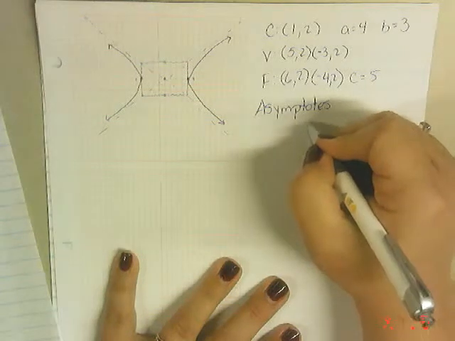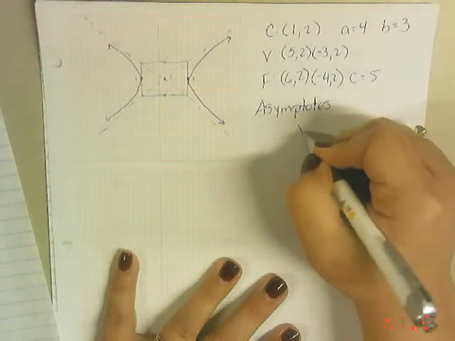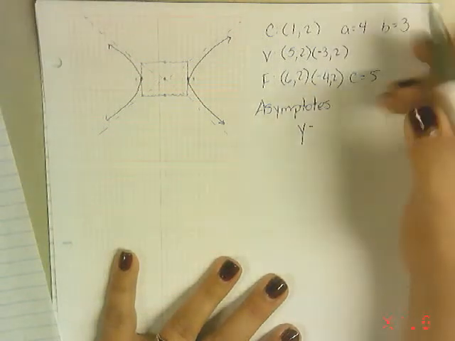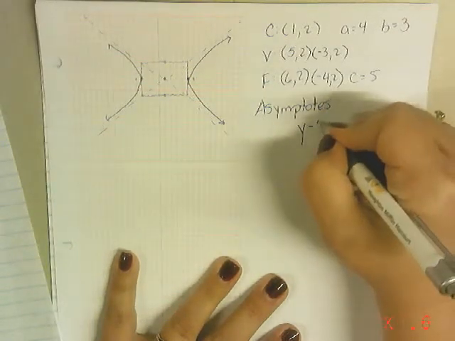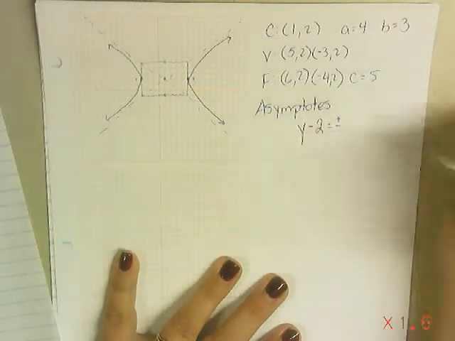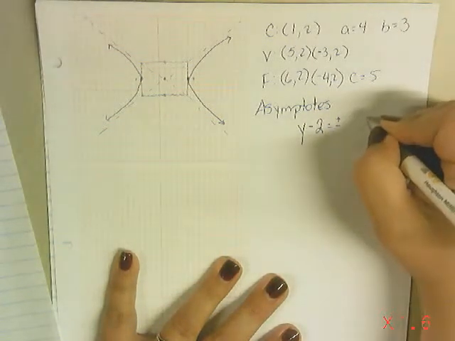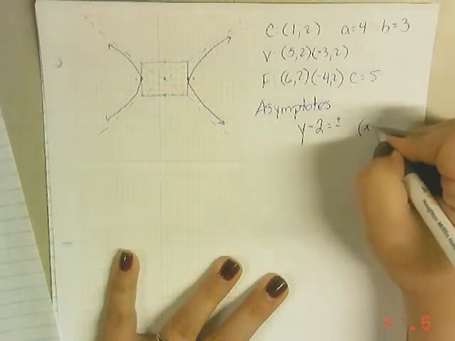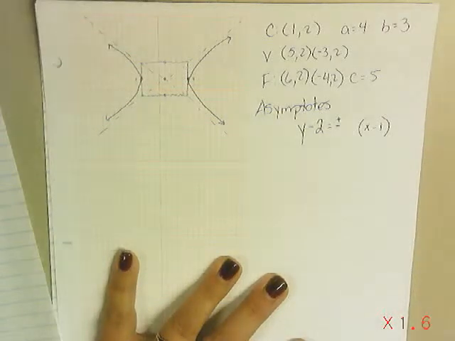So the way that you do this is it's always going to be y minus the y coordinate from your center, so y minus 2, equals plus or minus, leave some space there. We got to go back there in just a second. And then x minus the x coordinate from your center.